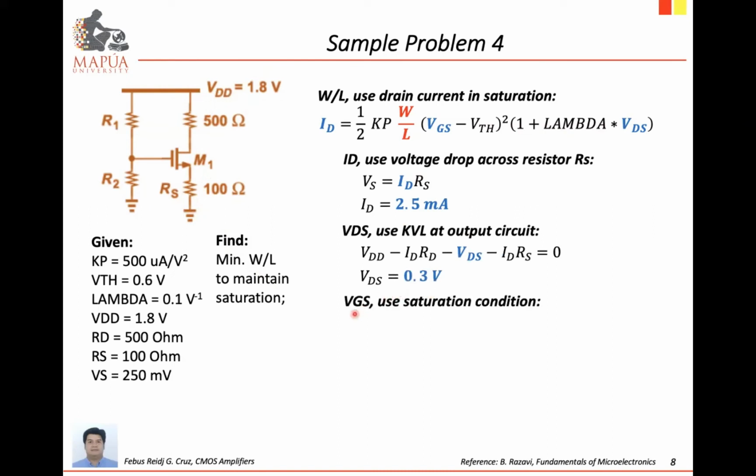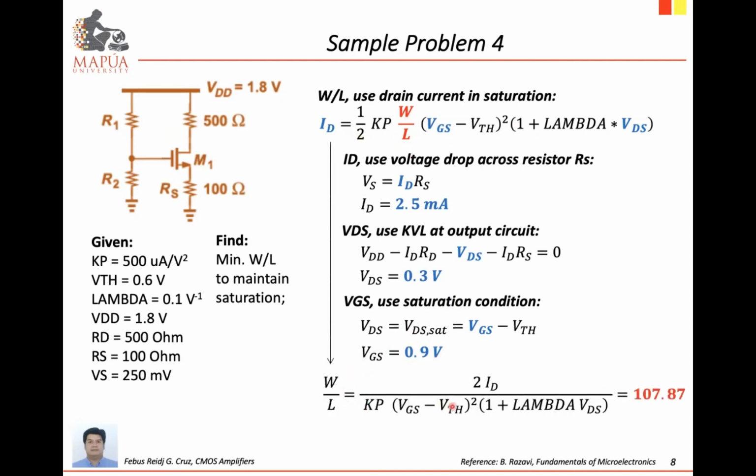Then for the VGS, we use the saturation condition, VDS sat equal to VGS minus VTH, so we can solve for the VGS. After solving ID, VGS, and VDS, we can now calculate the W over L. Just plug in the parameters. So W over L is 107.87.